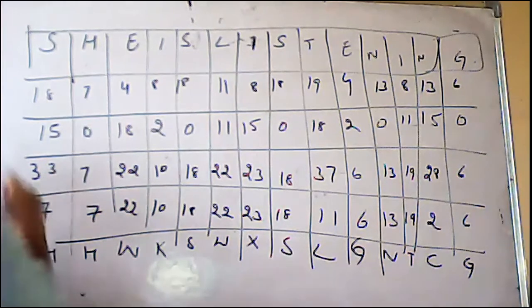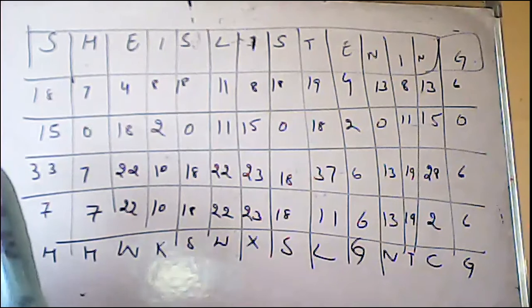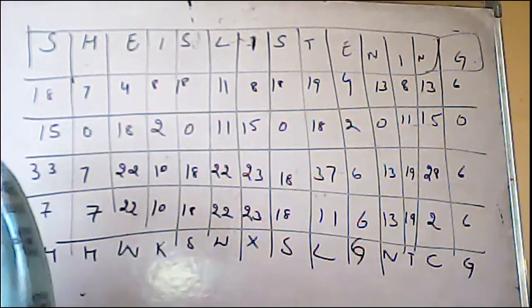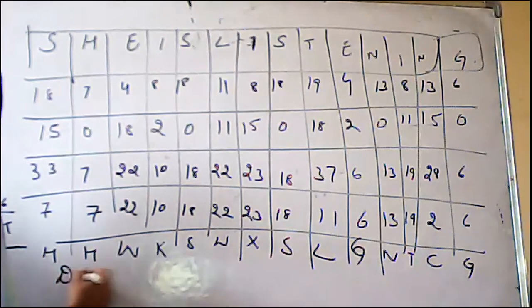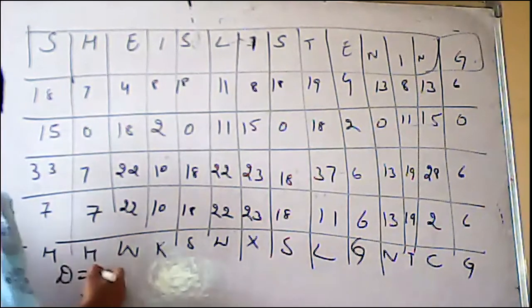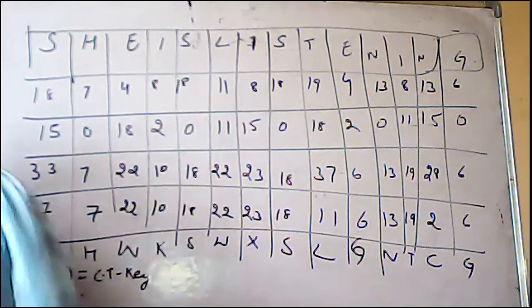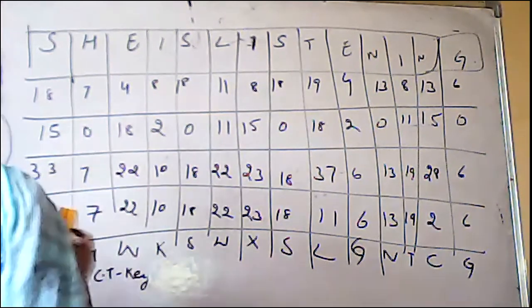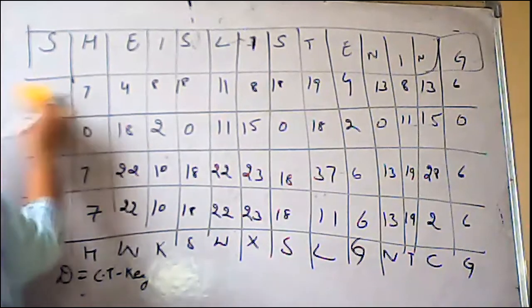Now how to do the decryption? The formula for decryption is ciphertext minus key. Now I am taking it here.